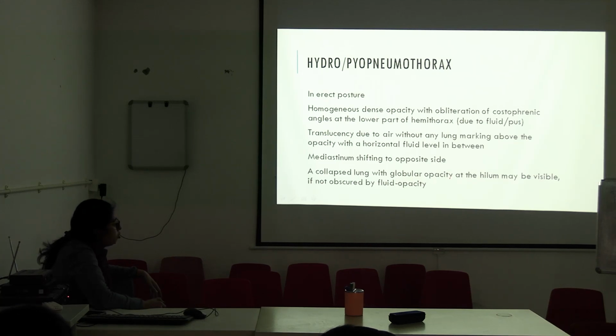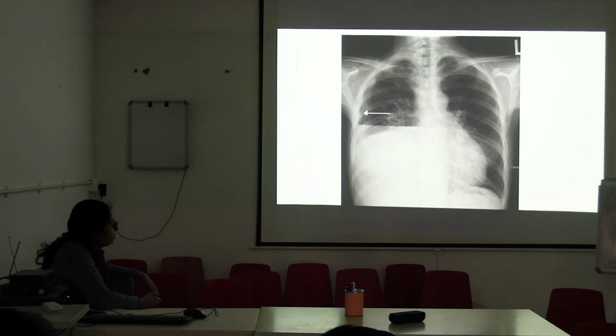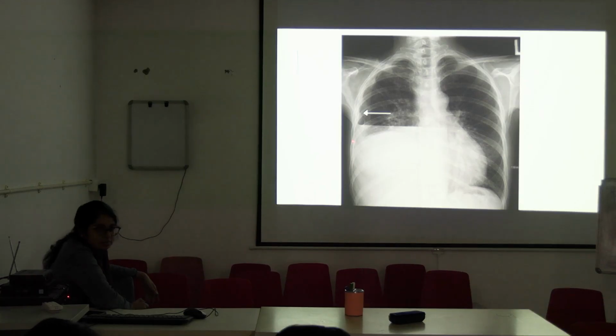A collapsed lung with globular opacity at the hilum may be visible if it is not obscured by the fluid and the opacity background. See, horizontal air fluid level. This is the collapsed lung border, this is air, this is fluid. This is the fluid level, the horizontal level.